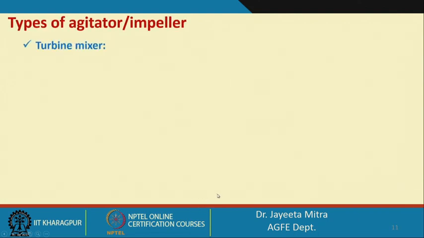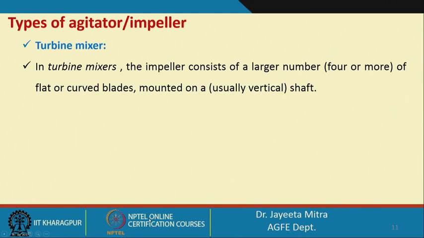Now, the next type of agitator or impeller is the turbine mixer. In a turbine mixer, the impeller consists of a large number, that is 4 or more, of flat or curved blades. These are mounted on a usually vertical shaft.